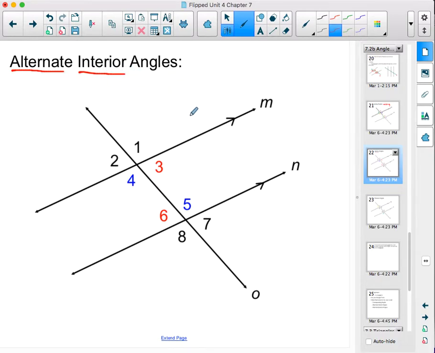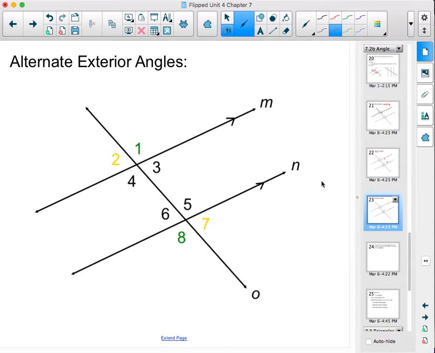So for alternate interior angles, we're looking at angles on the inside of the parallel lines, and they're going to sit opposite each other or alternate of each other. That's why angle 3 and angle 6 are both red. Angle 4 and angle 5 are both blue. These are alternate interior angles. They sit on the inside of the parallel lines, and they sit opposite or diagonal from each other.